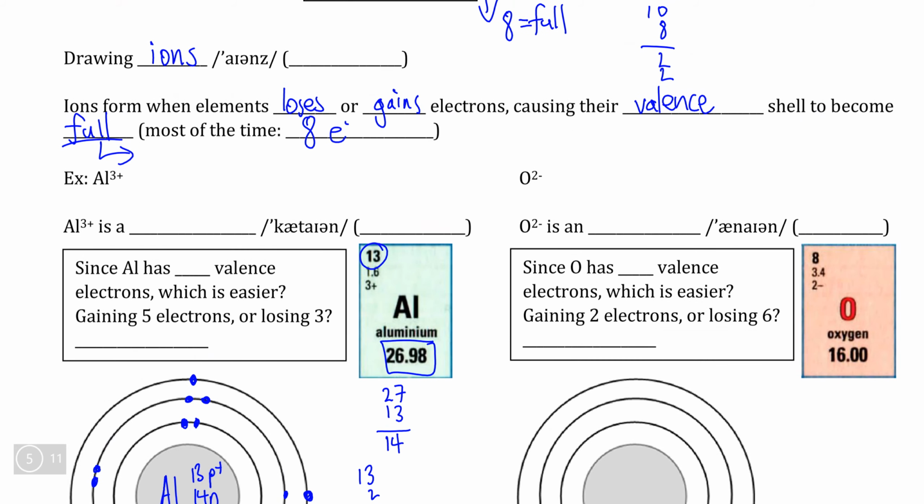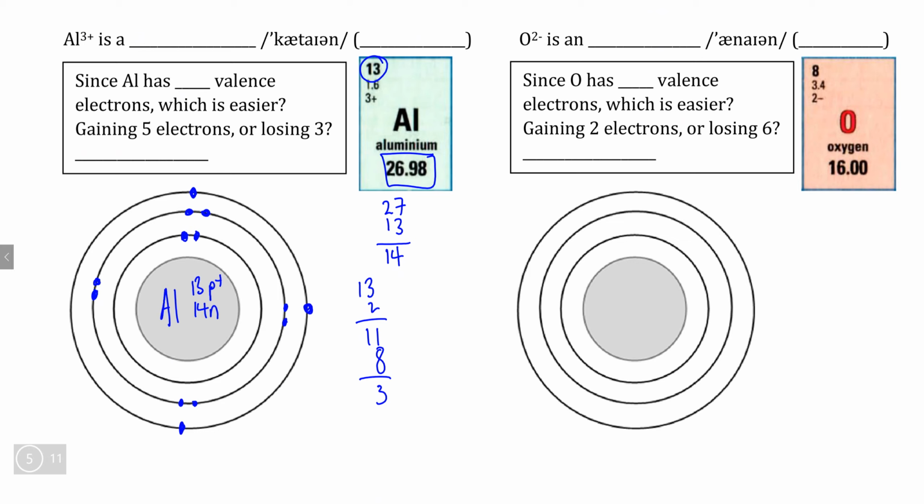Now remember that we're not drawing the Bohr diagram of aluminum as an element, we need to draw it as an ion. So here we need to decide whether aluminum is going to lose electrons or gain electrons. Well, we can see here that aluminum has a positive 3 charge.